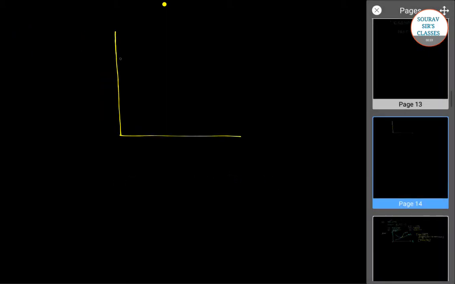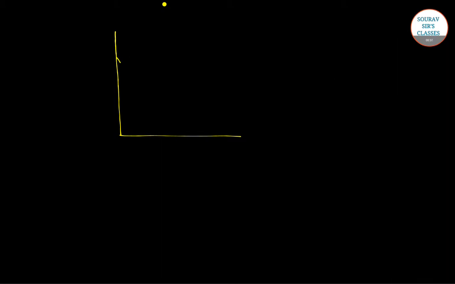So it is given in this diagram, the price line was PQ, it was P and Q, and then a new price line is shifted from PQ to PQ1.